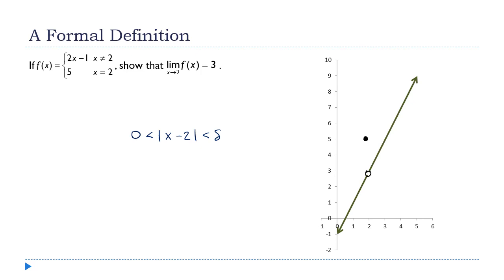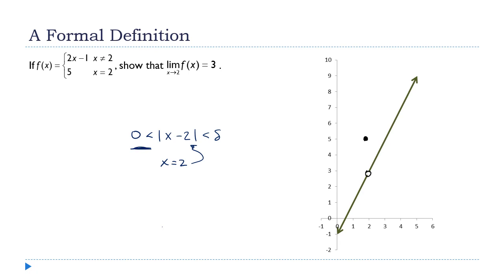In other words, I need every number that is within delta of 2 to go into that corresponding epsilon interval except 2 itself, because x equals 2 is the only number that makes that 0. And that one number doesn't have to follow the rule.